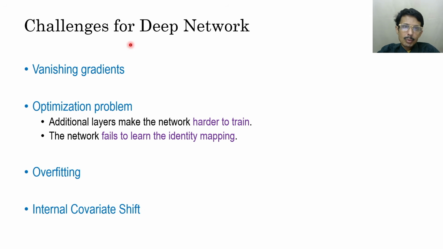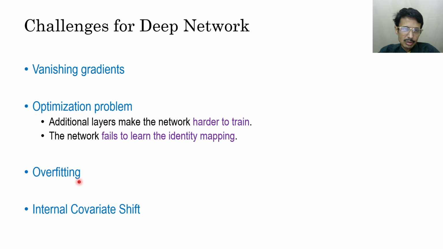Now, what are the challenges of deep networks that we have seen so far? Vanishing gradient is one of the major problems that we have to solve. Other problems include optimization problems that make the network harder to train, or the network failing to learn identity mapping, and internal covariate shift.